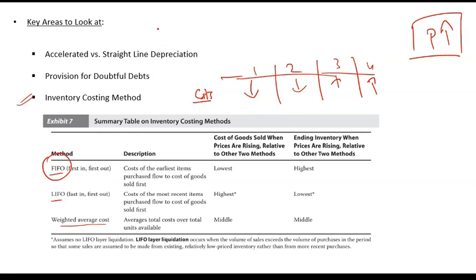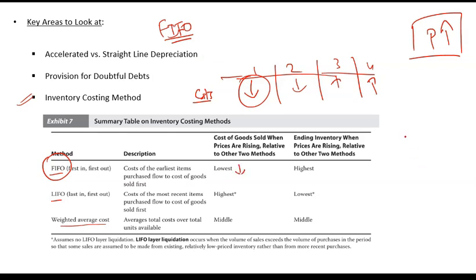In this case, if I am using FIFO, that is first in first out, my cost will be understated, or lower. Why? Because I am assuming that what was purchased earlier, at a lower price, is being sold now. So that means my cost will be lower. Under the FIFO method, cost of goods sold will be lower.